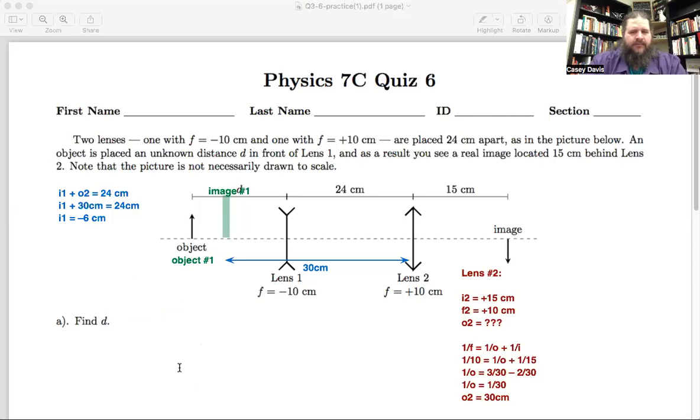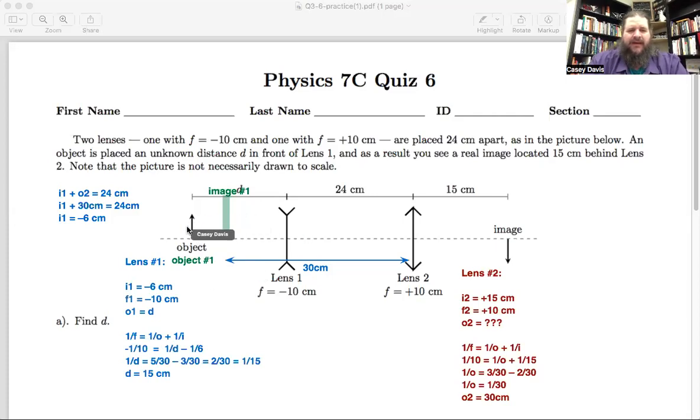Yeah. 1 over 6 is the same as 5 over 30. 1 over 10 is the same as 3 over 30. So 5 minus 3 would be 2 over 30 or 1/15. So D, if we just invert both sides, would then be 15 centimeters. So that's the object distance. This object had to have been 15 centimeters behind lens 1 in order to get this exact result.